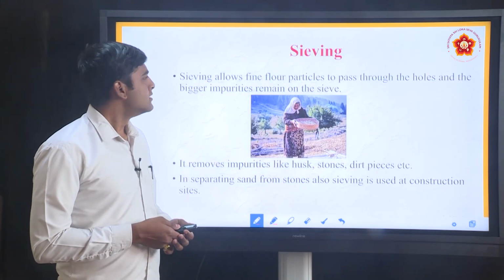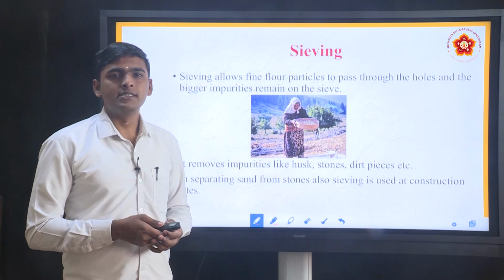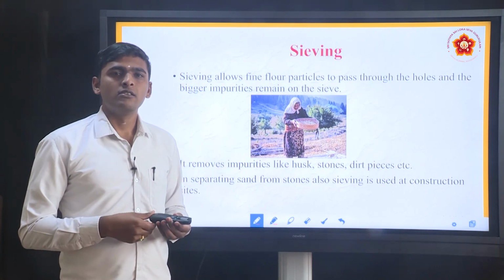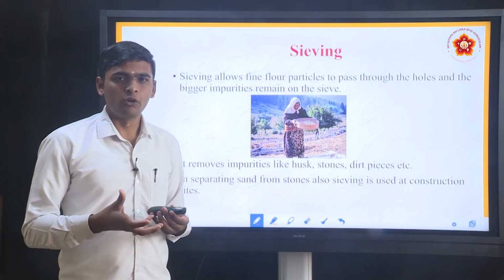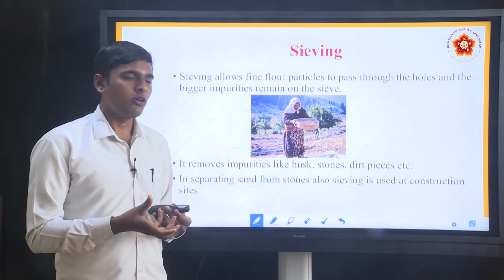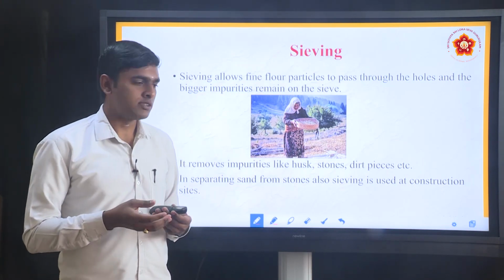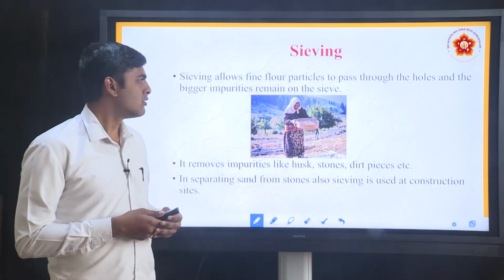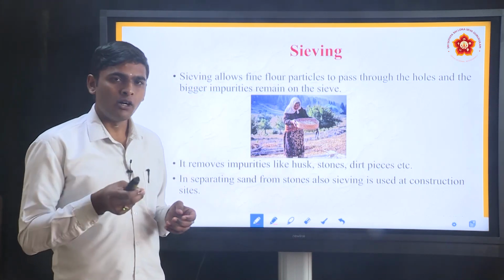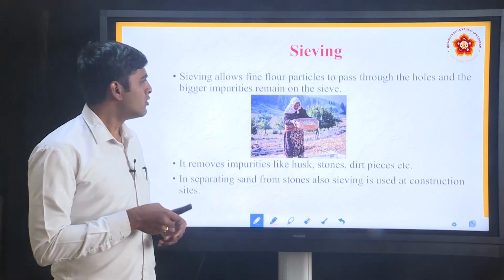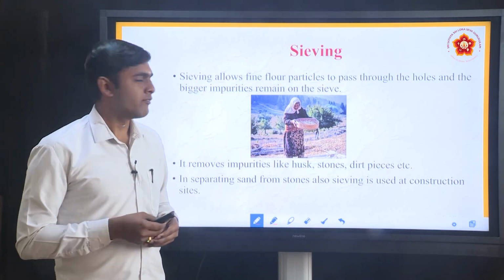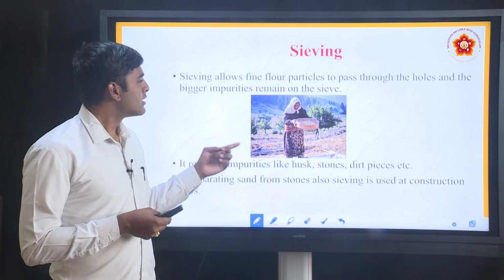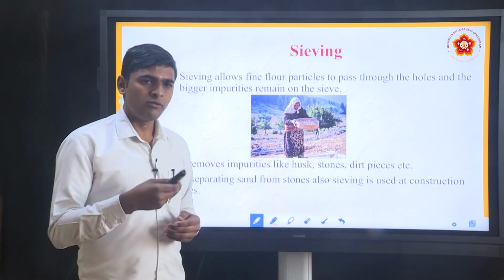Next, sieving. Sieving is done when you make flour out of grains. The flour still has to be purified, because dust particles and husk will be there in the grains, and the flour will also have some particles of them. So before using it for cooking, we have to clean the flour.